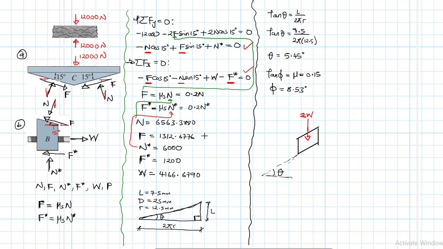And that moment is created when we apply a force at the handle. All right, we said this M divided by R, M being the moment on the thread about the centroid of the threaded board, divided by R, the radius of the thread.